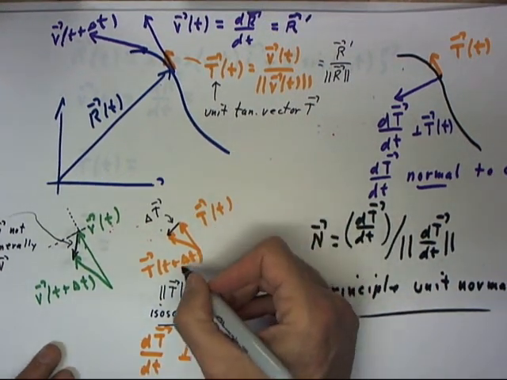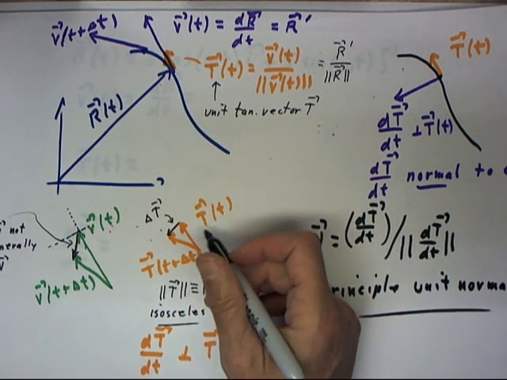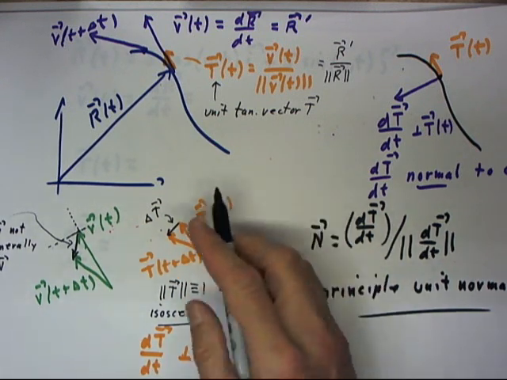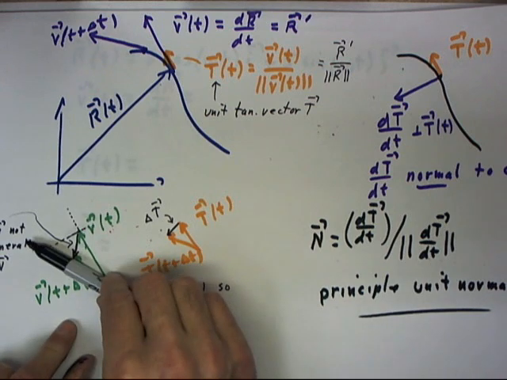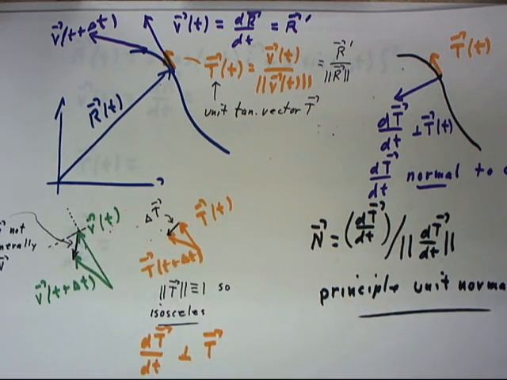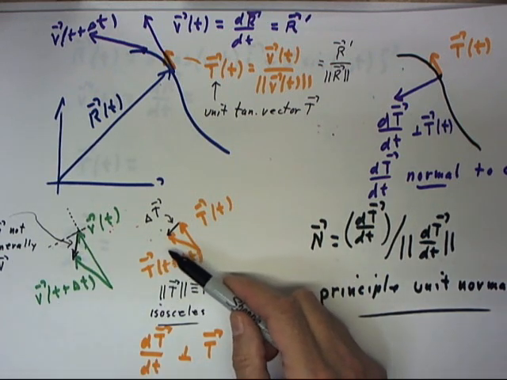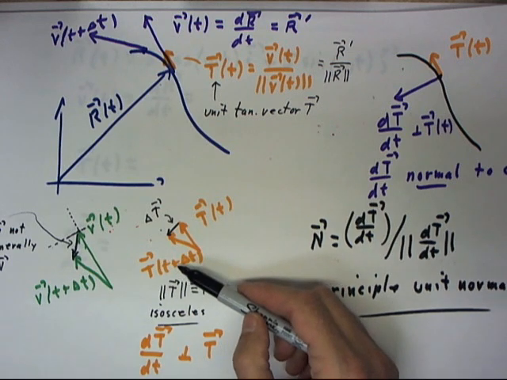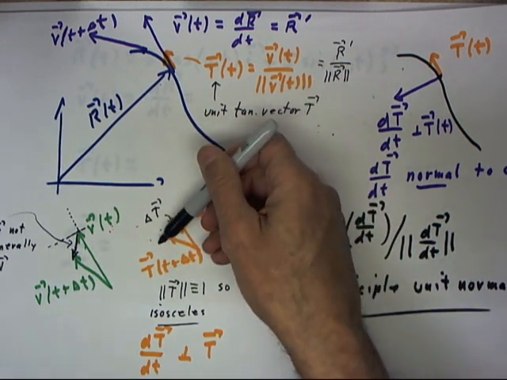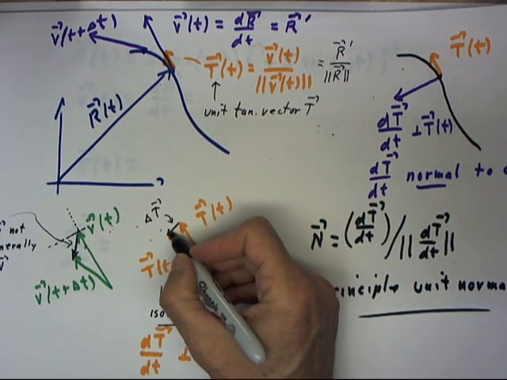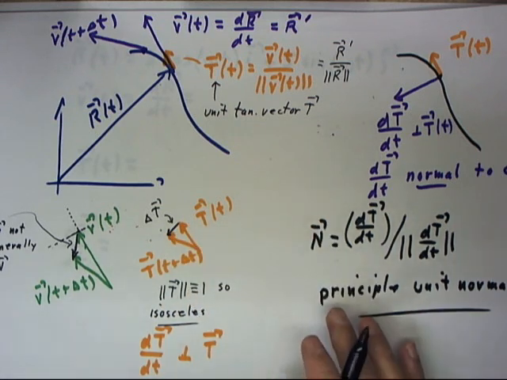So here's our picture in terms of our unit tangent vector. Our unit tangent vectors that would correspond to these two velocity vectors would both have the same magnitude because they're both unit vectors, so that the delta T forms this side of an isosceles triangle.